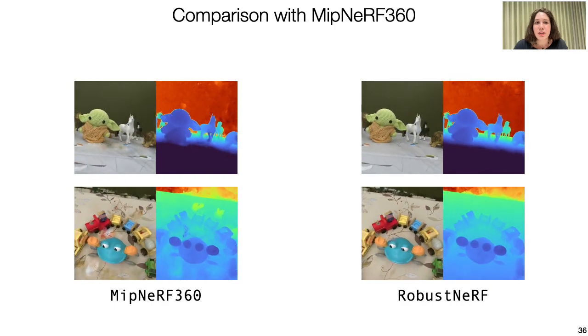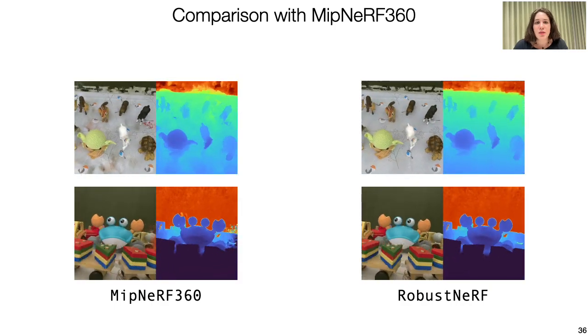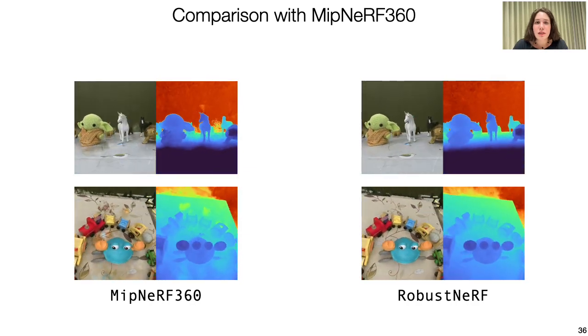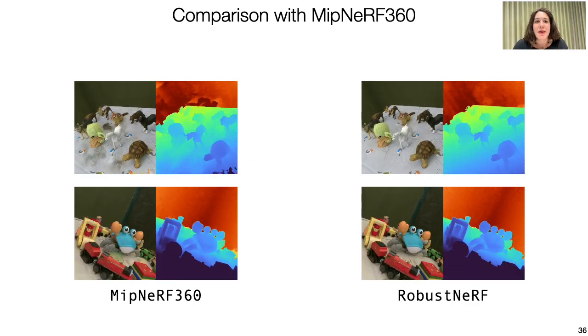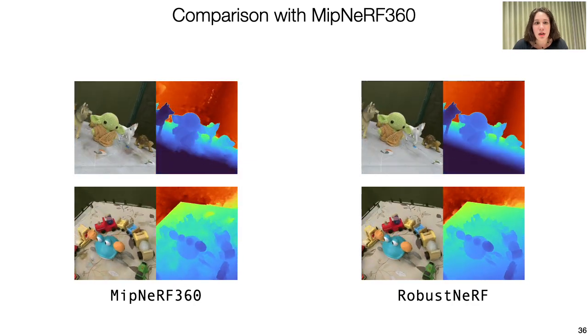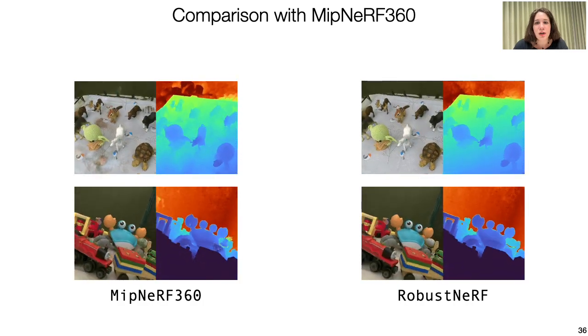Here we can see the renderings of RobustNerf on the right, alongside the rep map compared to MIPNERF 360 on the left. RobustNerf is only a simple change in the loss function and therefore easily adaptable for many underlying NeRF models. For our experiments, we replaced the MIPNERF 360's loss function in their codebase.